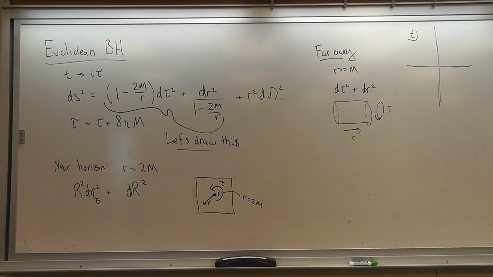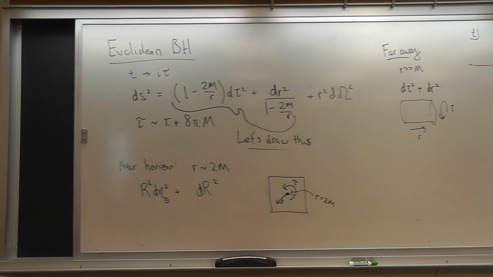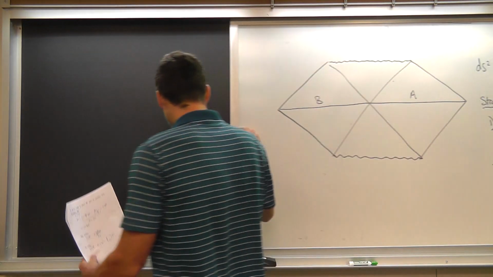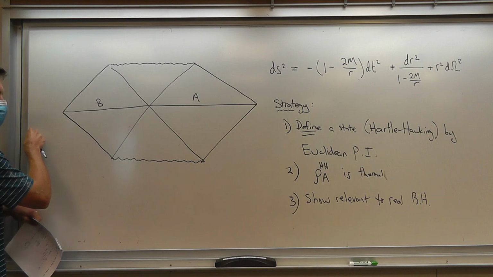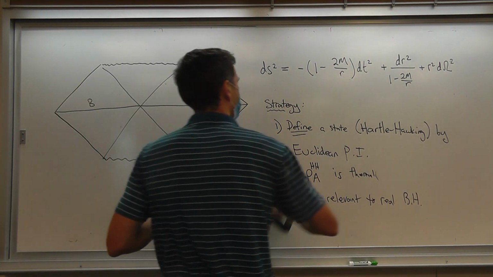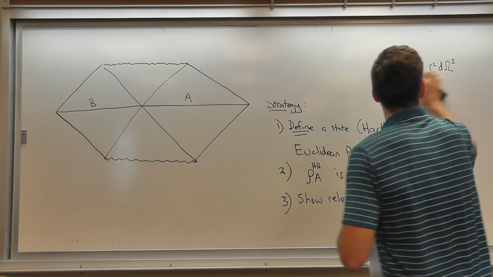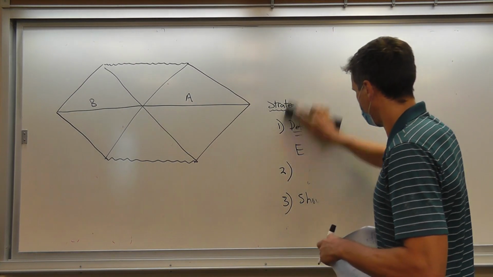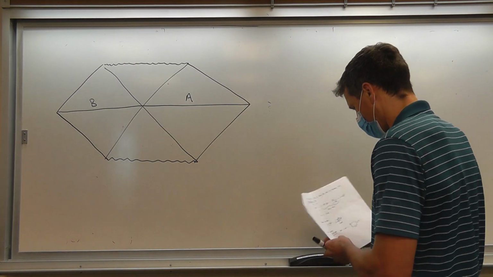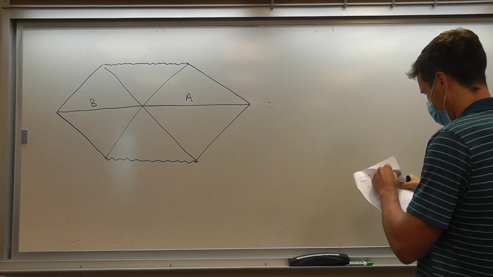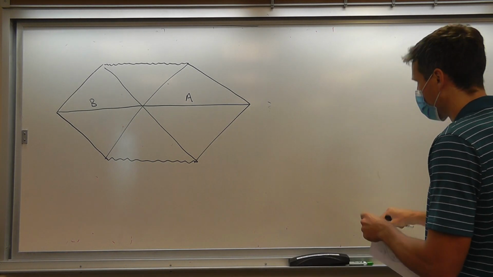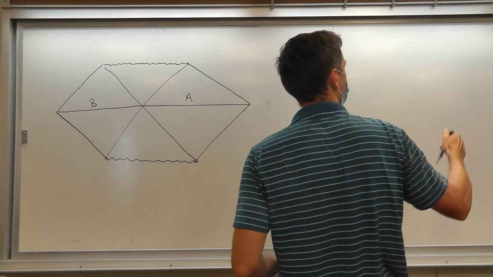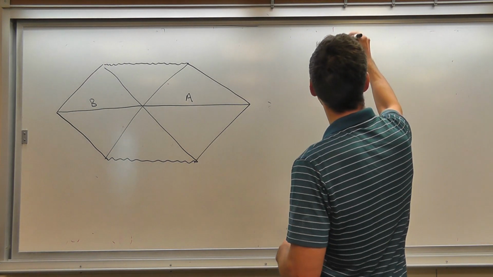So what does it look like everywhere? Now we can draw the manifold. We could do this carefully by looking at the geometry everywhere, but it's sort of obvious what the answer has to be. Let me make r go out this way.